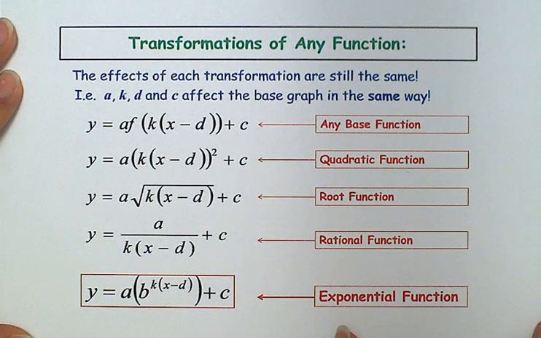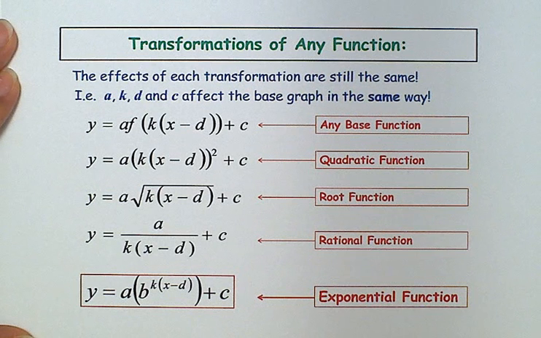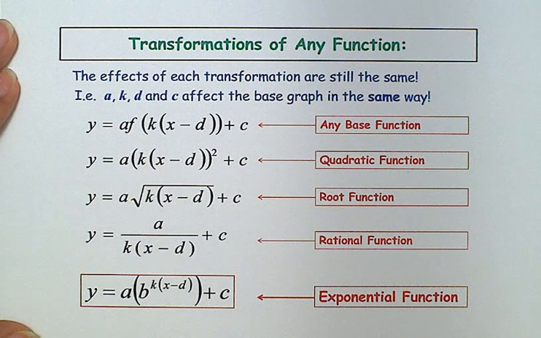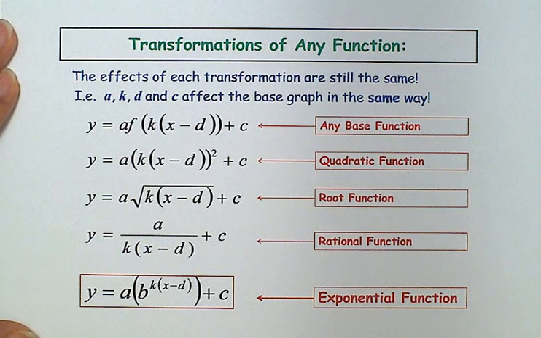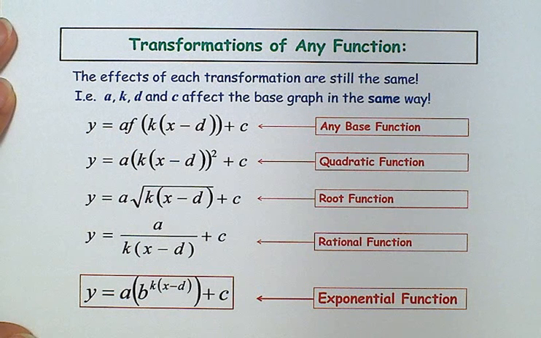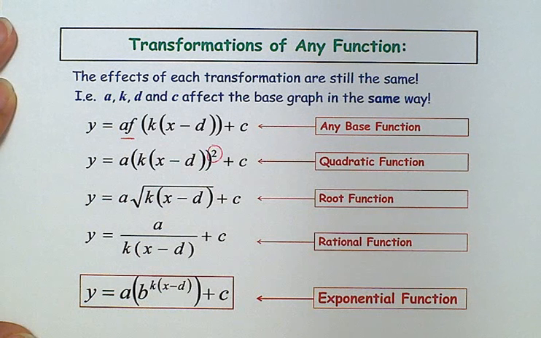Okay, so reminding you of the transformations of any function. So the effects of the variables are still the same no matter what the base function is that you look at. Okay, so the way a, k, d, and c affect the base graph of a quadratic function is the same as the way they affect the base graph of an exponential function, for example. So here's your base function. Notice that we have the letter f here. And if we wanted to look at the same kinds of transformations but with a quadratic function, we replace the f with an exponent of 2, indicating that we're looking at a quadratic function.